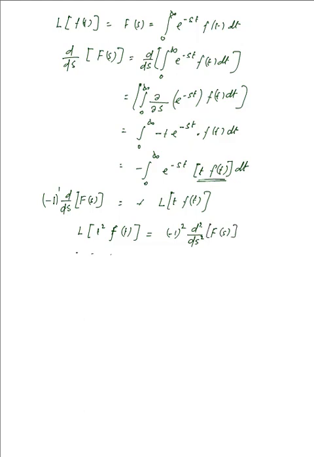And similarly, if we proceed likewise, we'll get the Laplace transform of t raised to the power n f(t) is equal to minus 1 raised to the power n, d^n over ds^n of F(s). That is the proof of the Laplace transform when t raised to the power n is multiplied to f(t). So that's more or less the case over here.